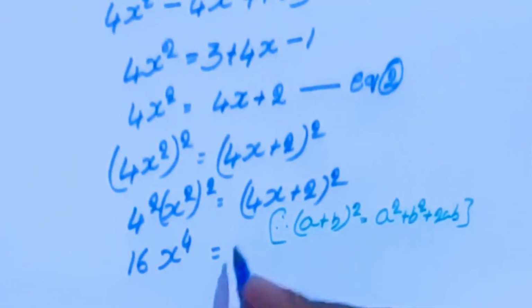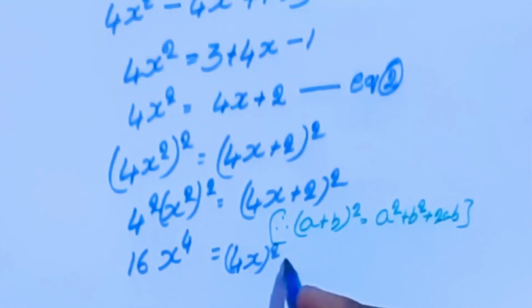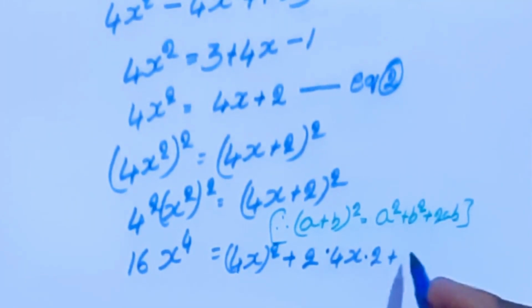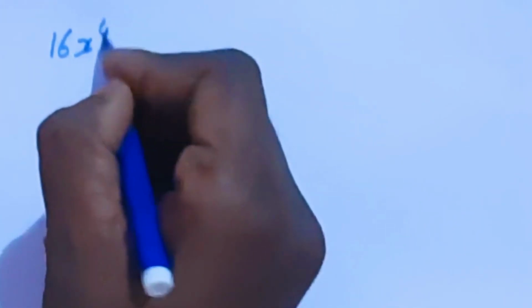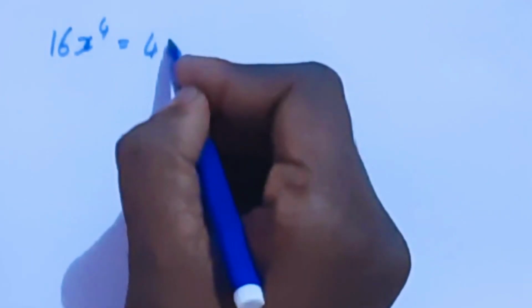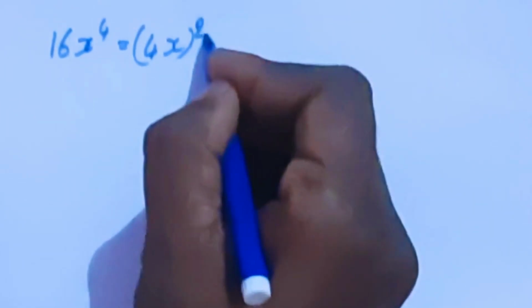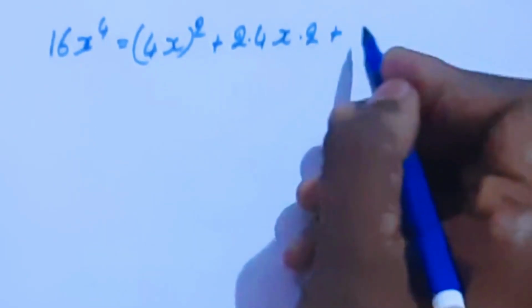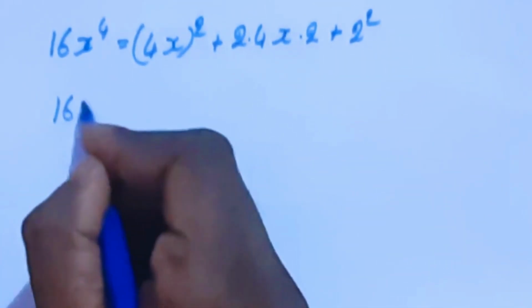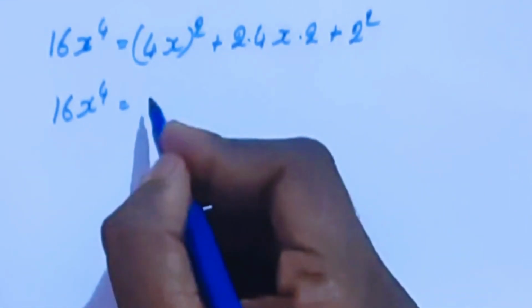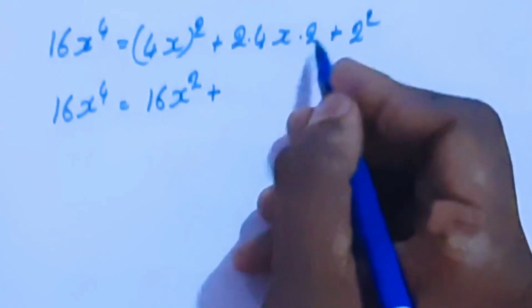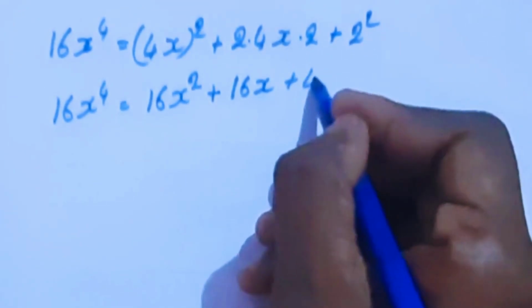So we will get (4x)² + 2 times 4x times 2 + 2². 16x⁴ = (4x)² + 2 times 4x times 2 + 2². Now 16x⁴ = 16x² + 2 times 4 is 8, 8 times 2 is 16x, plus this is 4.